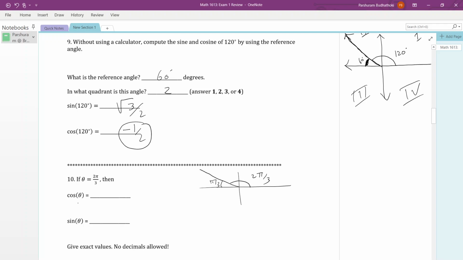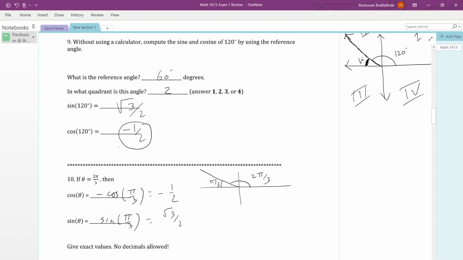So cosine 2 pi over 3 can be found by using negative cosine pi over 3, because the reference angle is pi over 3, which is in the second quadrant, and for the cosine function in the second quadrant the value would be negative. So we take negative cosine pi over 3, which is negative half, and for sine it's sine pi over 3, which is square root of 3 over 2.